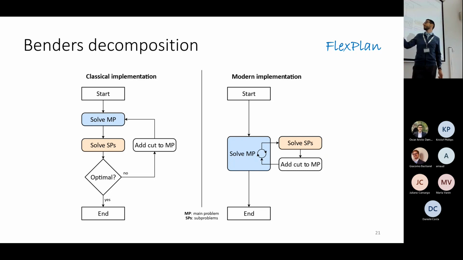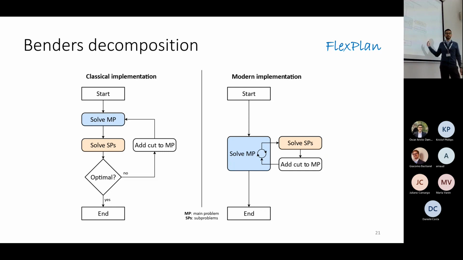In this way, the classical approach, the master problem is solved at each iteration. The other way is more efficient, and is possible since the 90s, since when solvers support the addition of callbacks defined by the user, there's no longer the need to solve the master problem again, but the cuts can be added along the branch and bound procedure of the mixed integer solver.